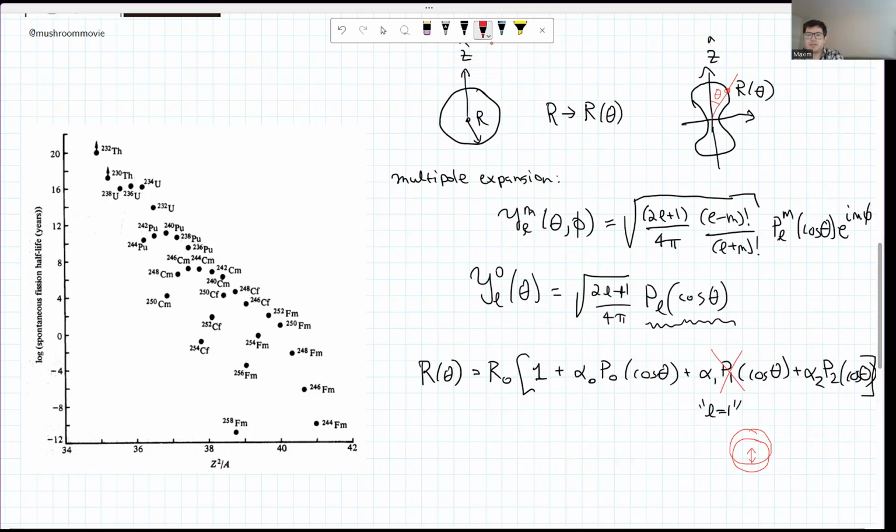So then you have this guy, and this guy is just a constant. It doesn't depend on theta at all. And that corresponds to, of course, changing the overall radius, right?